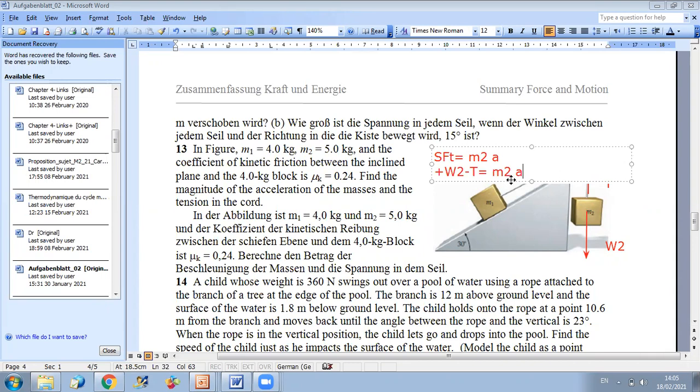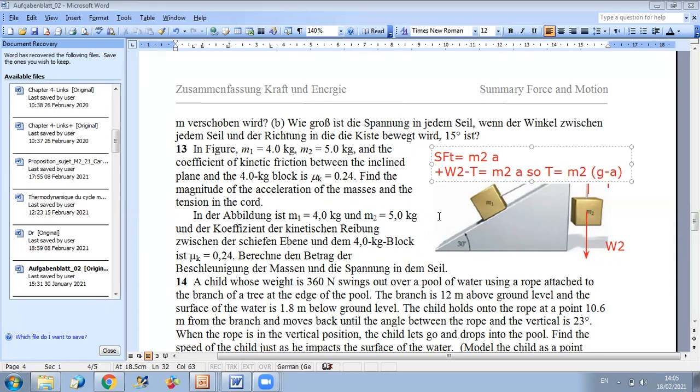So I get, and already I have calculated A, so T is equal to, you know that the weight is M times G, so T is equal to M2 G minus M2 A, meaning M2 times G minus A. And of course I could also find T from M1.